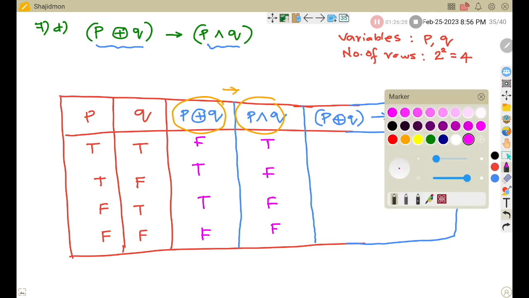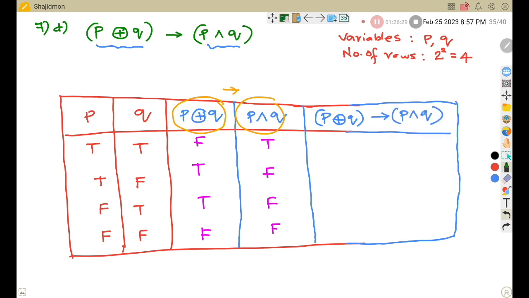One-sided arrow. So now we can answer the question. False implies true, that is true. True implies false, it is false. True implies false, false. False implies false, that is true. So this is the truth table related to this operation.